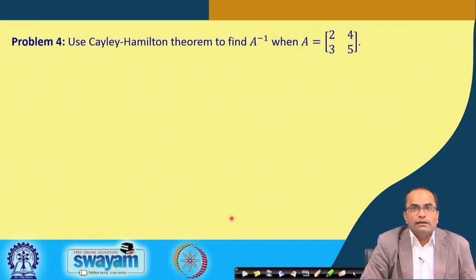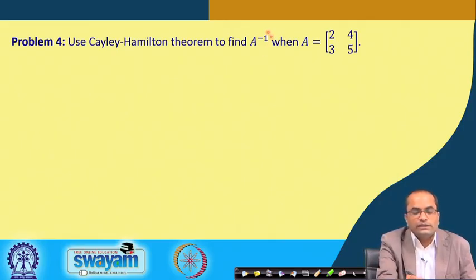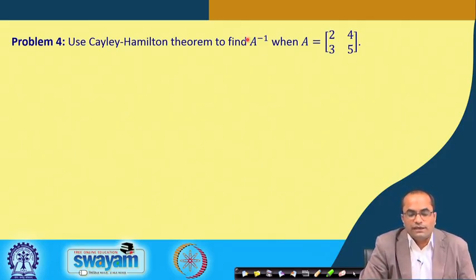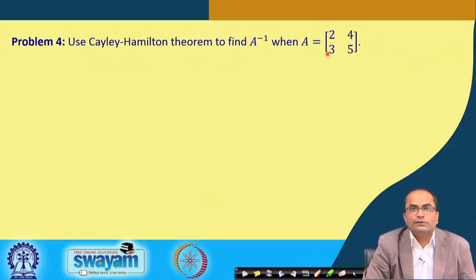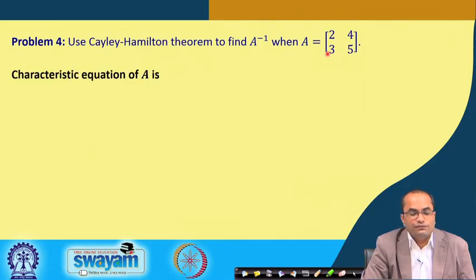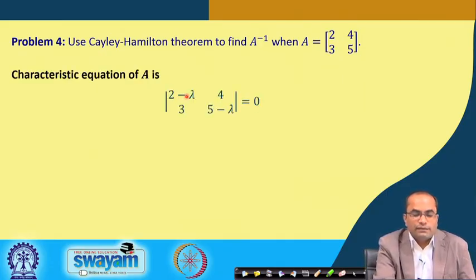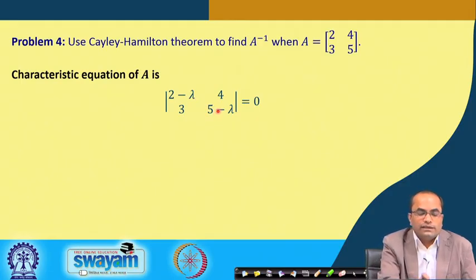Another use of this Cayley-Hamilton theorem we can quickly look at from this example. We can use this Cayley-Hamilton theorem to find A inverse. Again, a very simple example: we have started with A equal to 2, 4 and 3, 5. If we write down its characteristic equation, again this lambda is subtracted from the diagonal, and we can simplify this determinant.